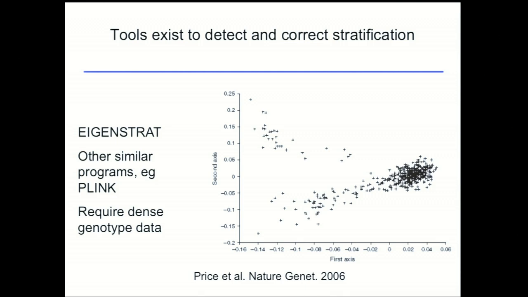What this does is take dense genotype data, so lots of SNPs all around the genome, and the idea is that if there's variable ancestry, there'll be subtle but correlated shifts in allele frequency in the people with one ancestry as opposed to the people with the other. For example, Northern and Southern Europe: lactase is not the only variant that differs between them.